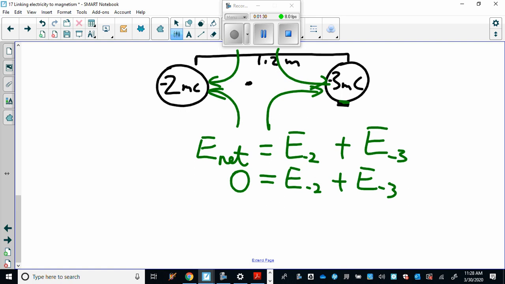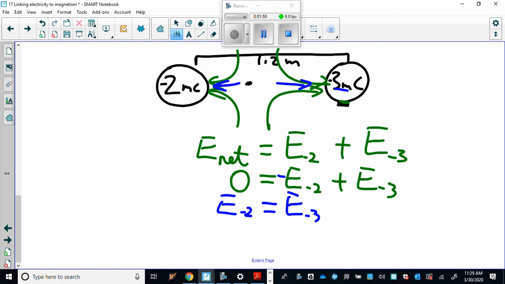First of all, remember that the electric field is going in opposite directions. Since they're both negative, the electric field for the 3 is going in this direction, and the electric field for the 2 is going in this direction. So one has to be positive and one has to be negative. If I call this one negative, when I move it over to the other side, I simply get E of the -2 equals E of the -3.